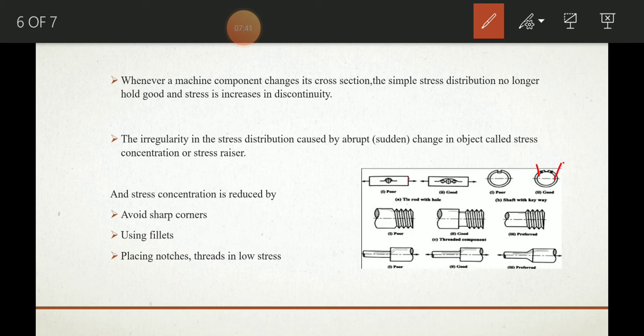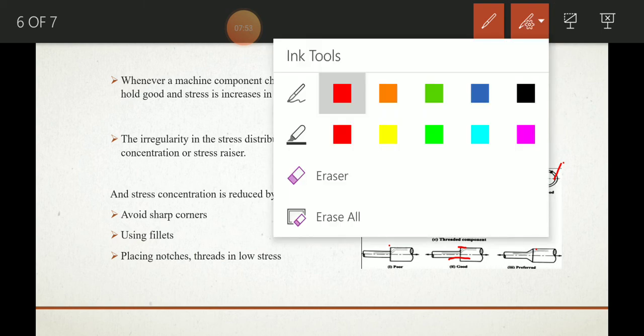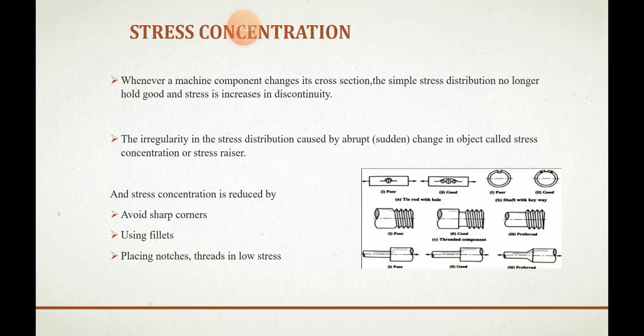Similarly here there are sharp corners. Avoid sharp corners by giving fillets here, that is, a small radius. These are some of the points you have to take into consideration if you want to avoid stress concentration, because it will be dangerous for your design. It may cause permanent deformation of the material and failure of your component.